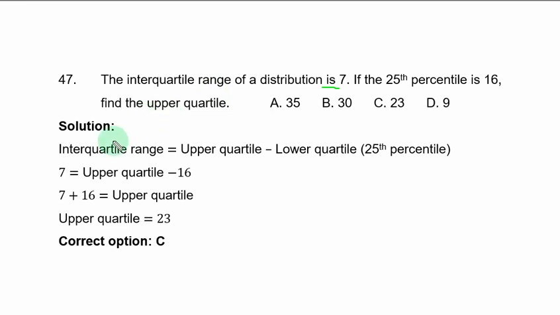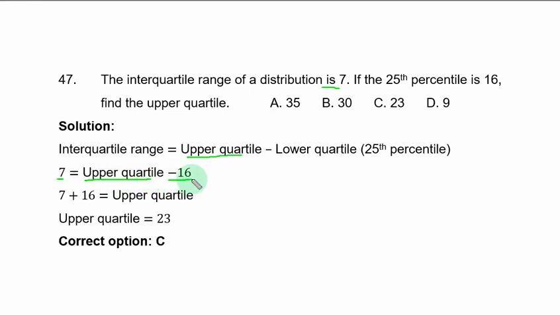Now, interquartile range is simply the upper quartile, which is the 75th percentile, minus the lower quartile, the 25th percentile. From the question, the interquartile range is 7. The upper quartile is unknown. The lower quartile is 16.